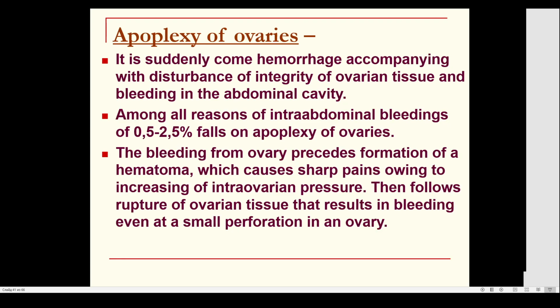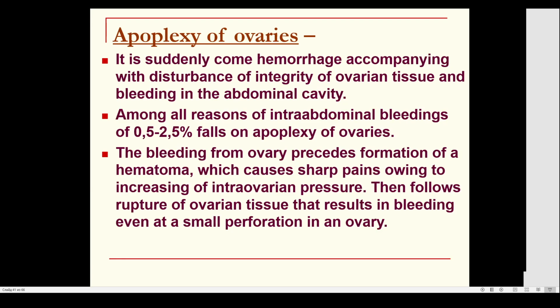The bleeding from the ovary precedes formation of a hematoma, which causes sharp pains owing to increased intra-ovarian pressure. Then follows rupture of ovarian tissue that results in bleeding, even with a small perforation in an ovary.